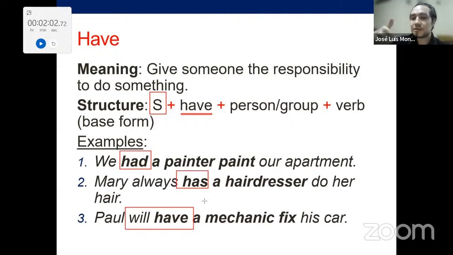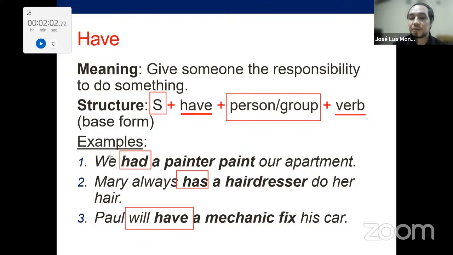But you can use present continuous, past continuous, present perfect, past perfect, modals, okay? Any tense that you want. And then you have the person or the group that is receiving that from you or from the subject. And then the action with have is always going to be in the base form, as you said, only the verb without to, without ing.